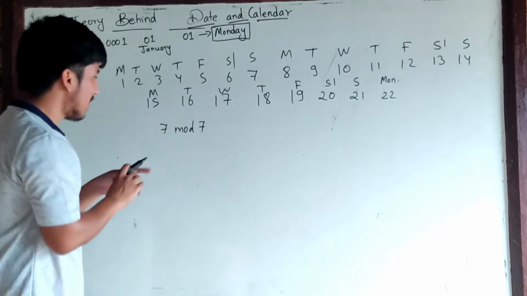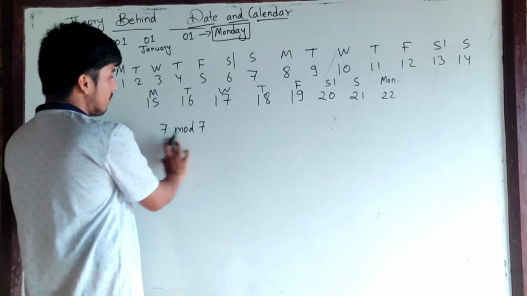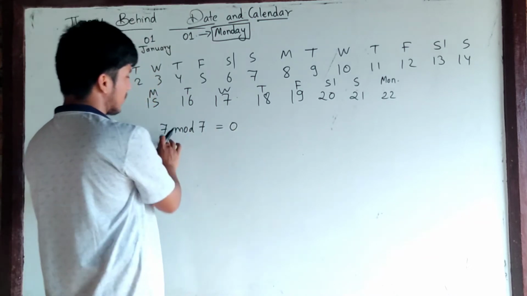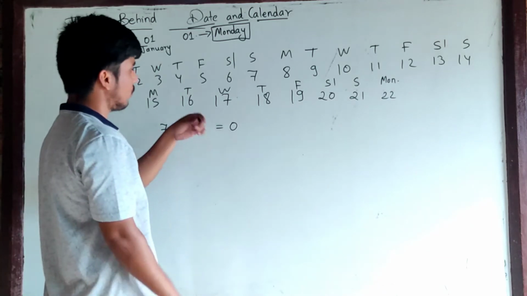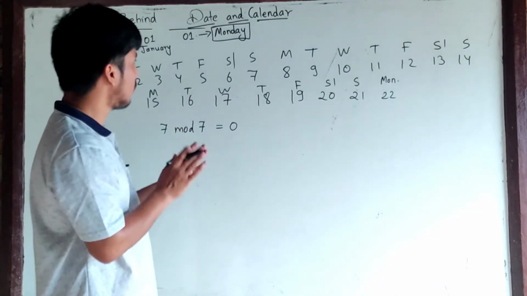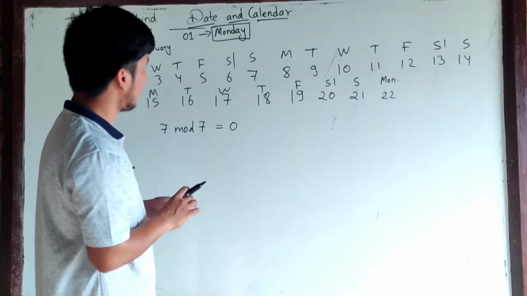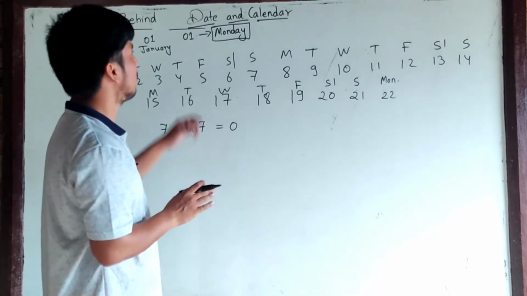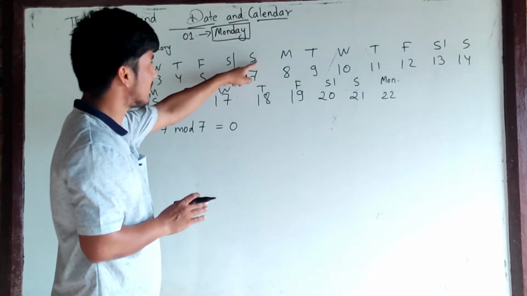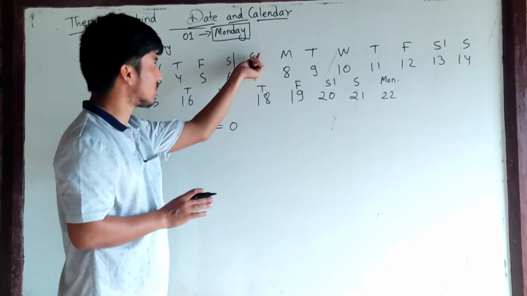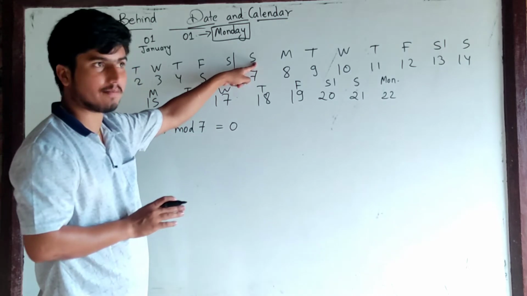Let's just remember that mod gives us the remainder. 7 mod 7 gives us 0, because 7 is exactly divisible by 7, and 0 means we have 0 odd days, and 0 odd days means that the day must be the day before Monday. That must be Sunday. We can see here that the 7th date is Sunday, and 0 odd days means Sunday.